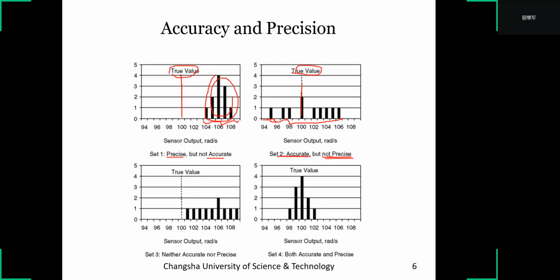Here, there is no value equal to the true value, so it is not accurate, and the values are not close, so not precise. In this figure, the measured values are equal to the true value and the values are close, so we call it accurate and precise.